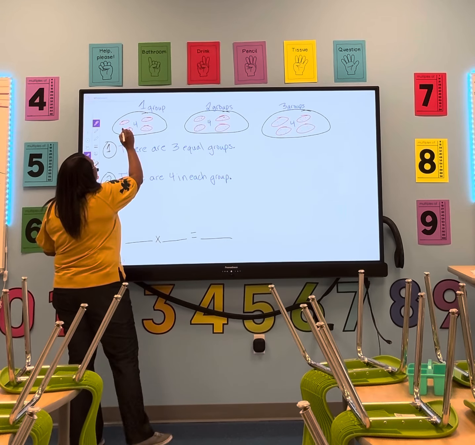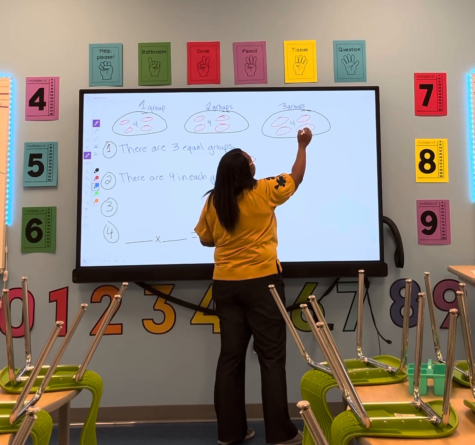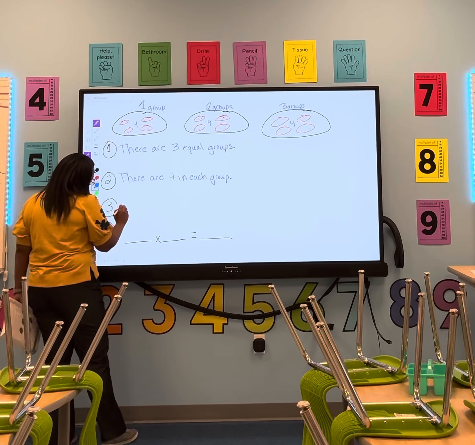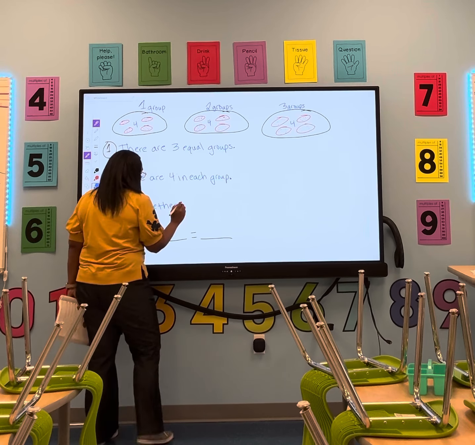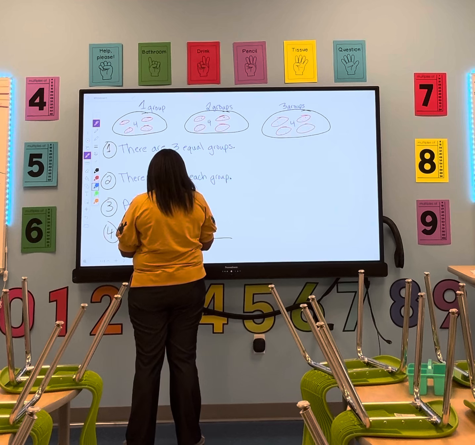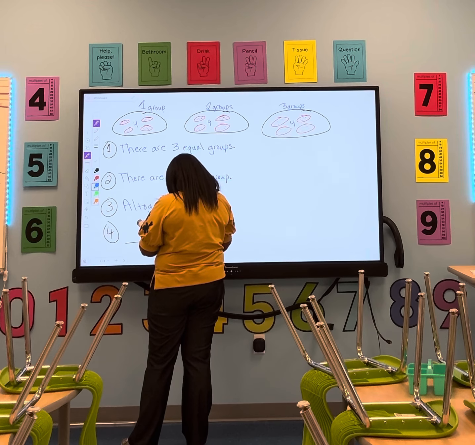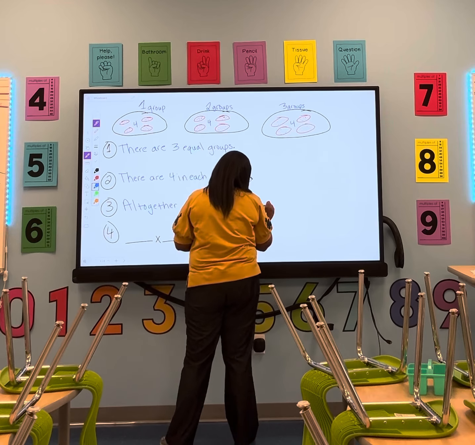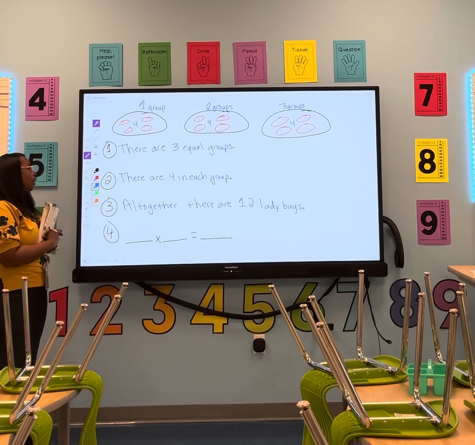This is 1, 2, 3, 4, 5, 6, 7, 8, 9, 10, 11, 12. So altogether, there are 12 ladybugs.